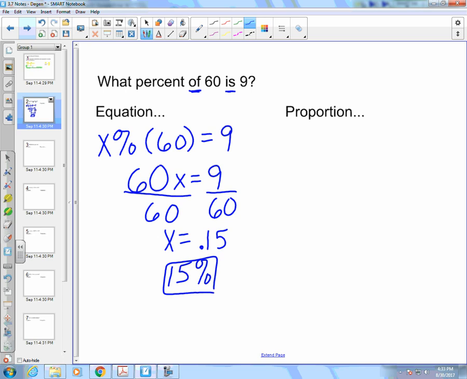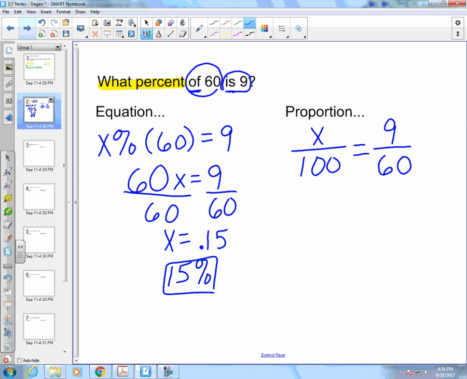If you do it as a proportion, when you look at what percent, that means that you are trying to find the percent in the proportion. So I'm going to put x over 100 equals, here is our of 60, so that 60 goes in our denominator, and is 9, our 9 gets to go in the numerator.